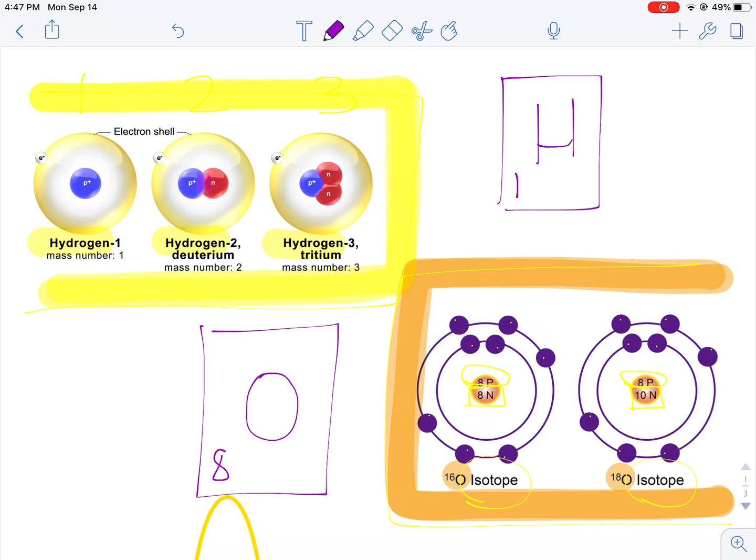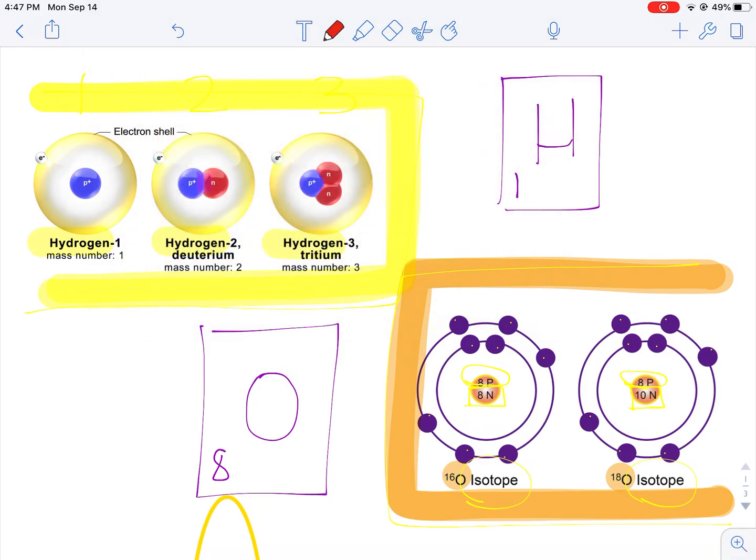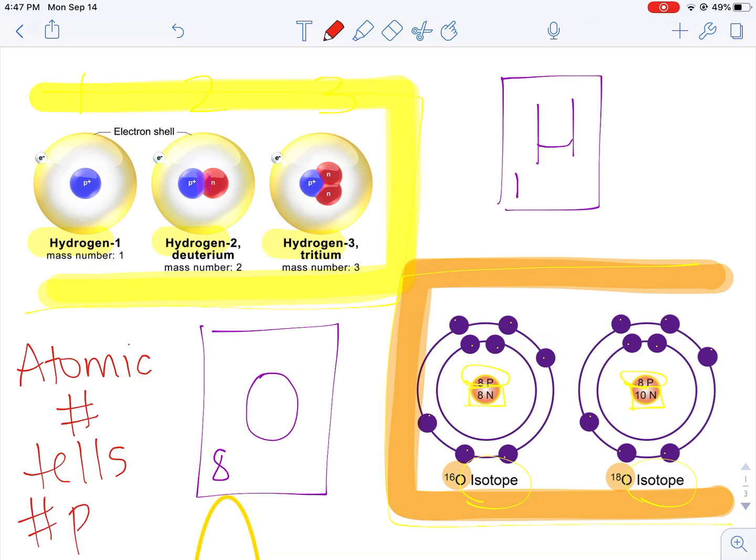Those numbers are referred to as the atomic number. The atomic number of an element tells the number of protons. Let me say that again. The atomic number of an element tells the number of protons.